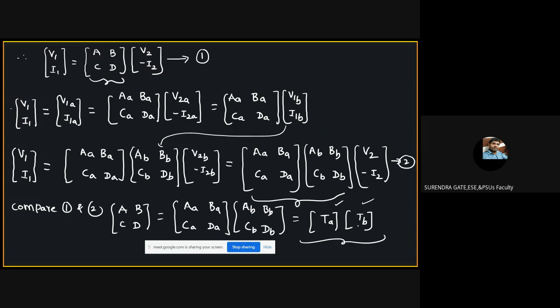Actually, proof is not required, but finally remember this about the resultant T parameters. A point to remember for T dash parameters also: the resultant T dash parameters equal the product TB dash into TA dash.